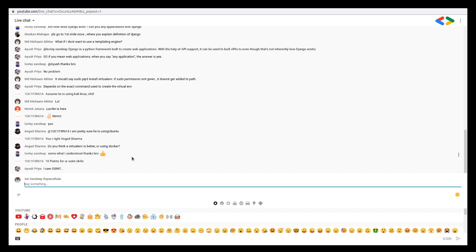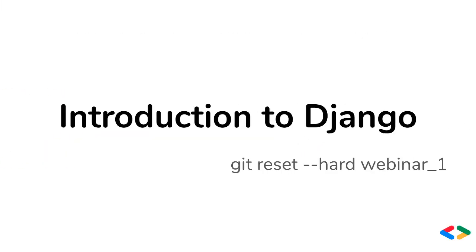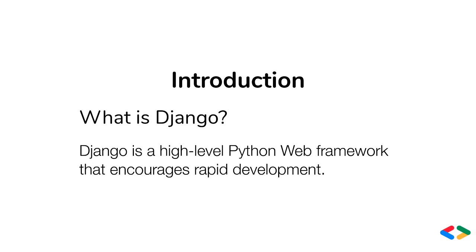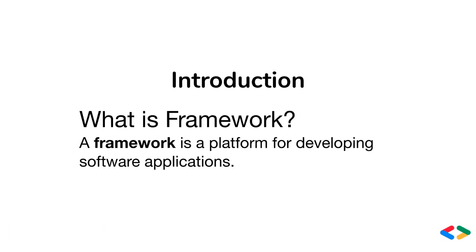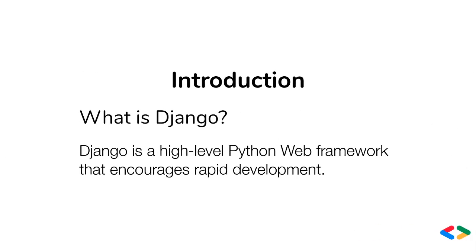Cool, let's go back to our first slide. So, Django. Django is a web framework built entirely on Python. It's free, open source, and it follows MVC architecture.